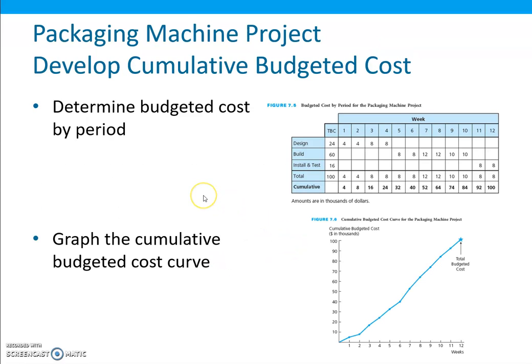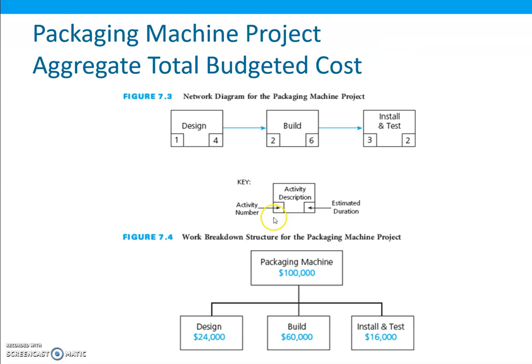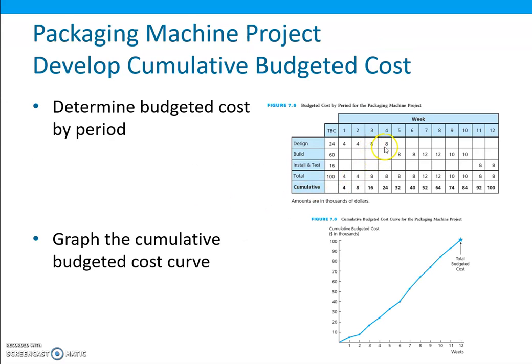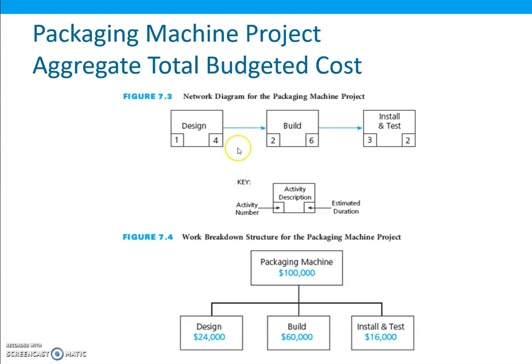This figure over here depicts the budgeted costs by period for the packaging machine project. So remember that this was the packaging machine project, okay? And this is the budgeted cost for this period by period. So if this project goes from 1 to 12 weeks, as maybe you can see from here, 4 plus 6, 10 plus 2, 12 weeks, okay?